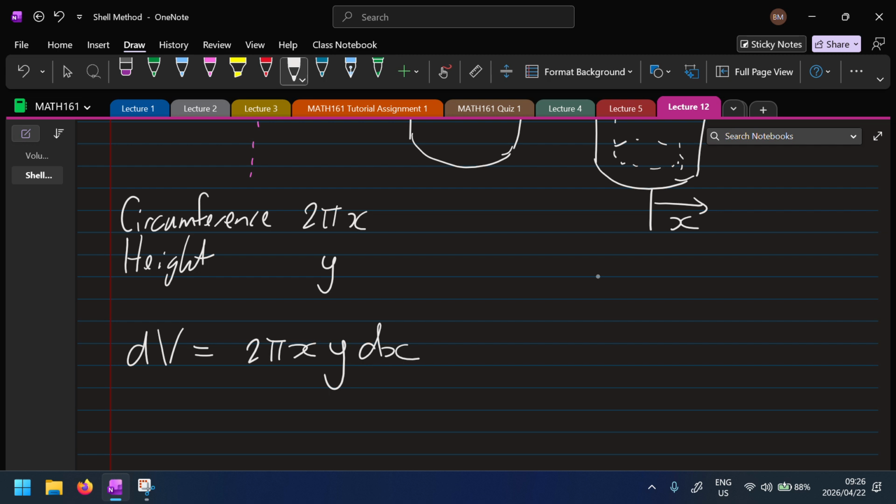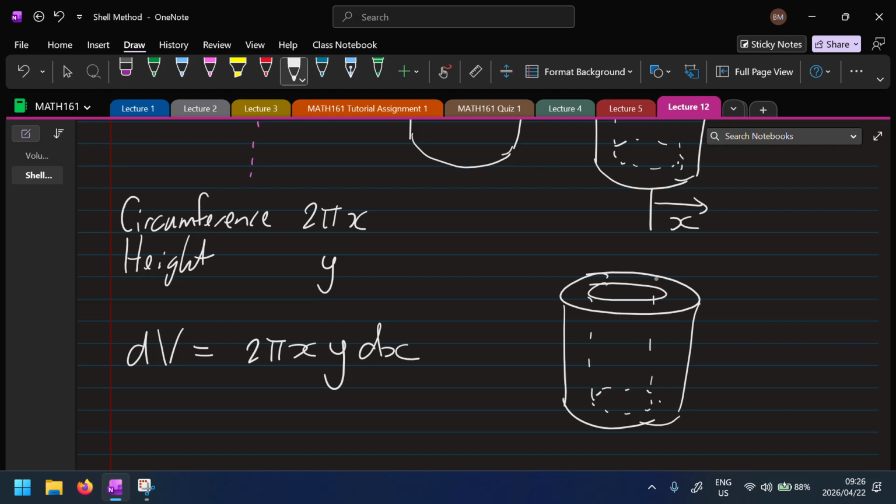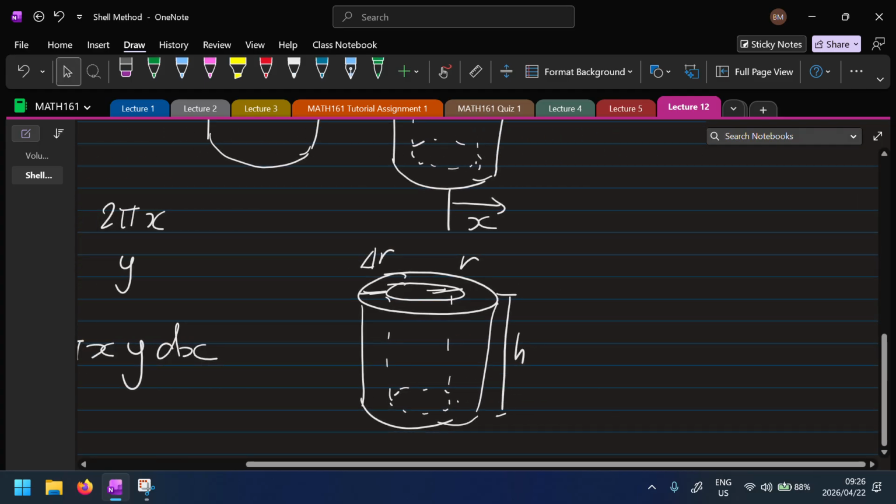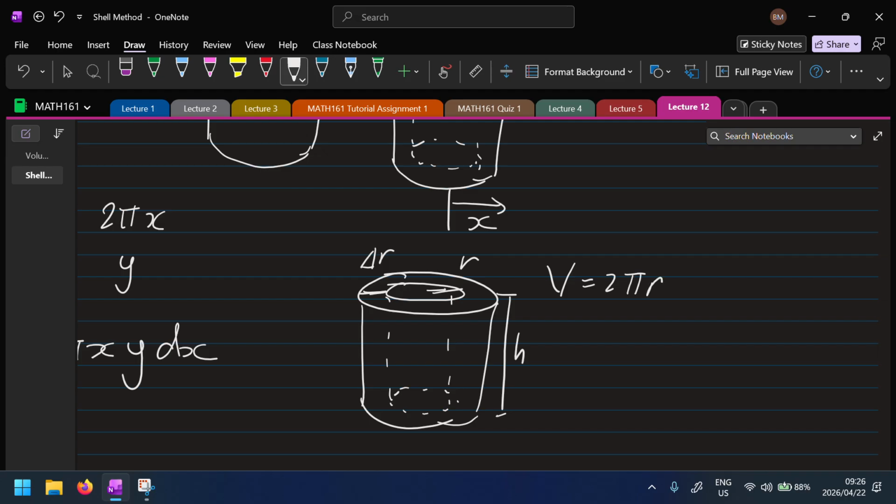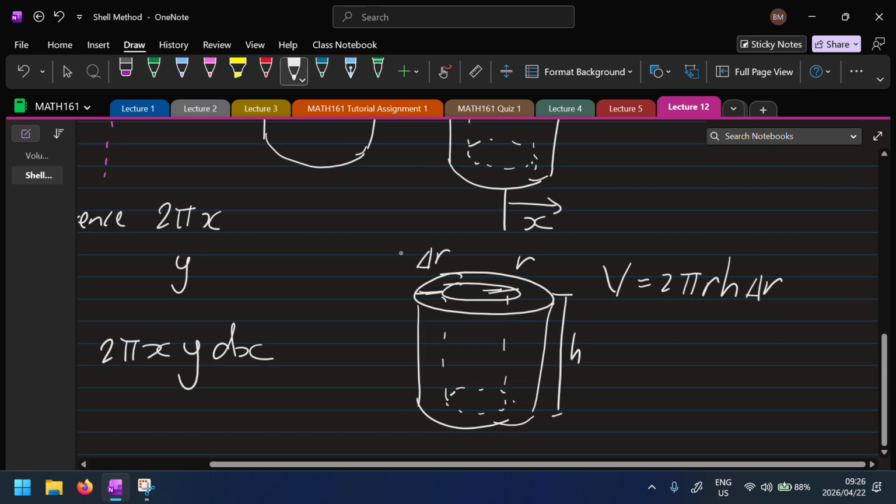Have you seen this before for a shell? We'll draw a little picture here. You've got something like this. If you've got the radius r, the height h, and this thickness, let's call that delta r, then the volume is 2 pi r h delta r. You've not seen that before? Well, please write that down. You will need to know that.